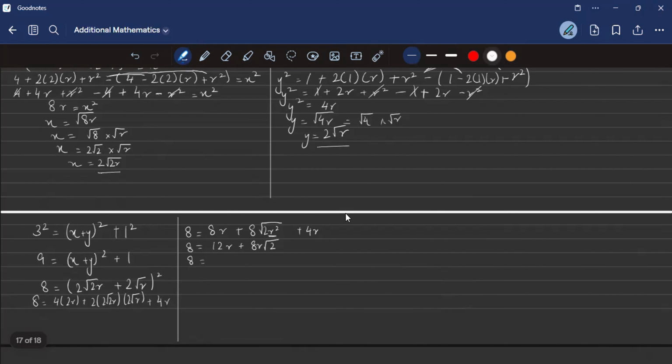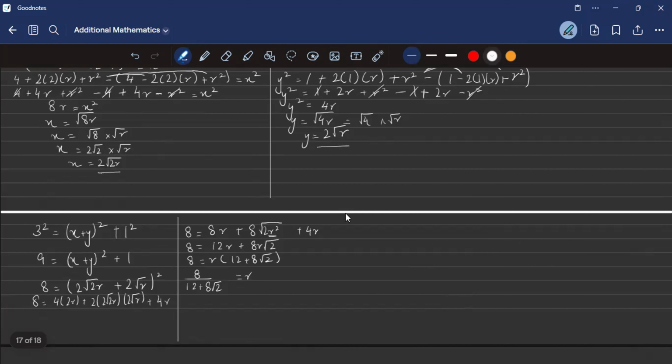So 8 is equal to r as the common factor, 12 plus 8 under root 2. So further simplify this, 8 divided by 12 plus 8 under root 2 is equal to r. Now that we have found out the value of r, we should be happy. But this is not going to be your answer, because when you do not rationalize your denominator, it's going to be wrong.